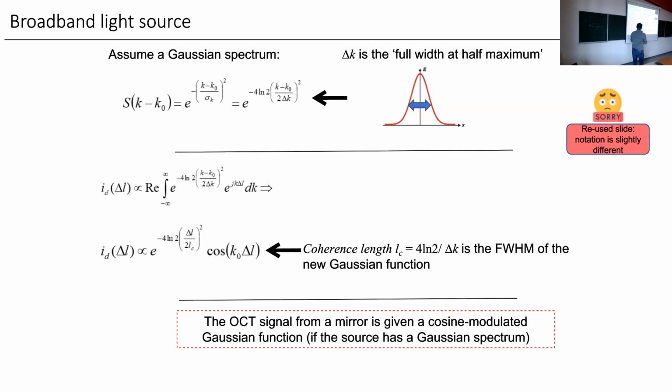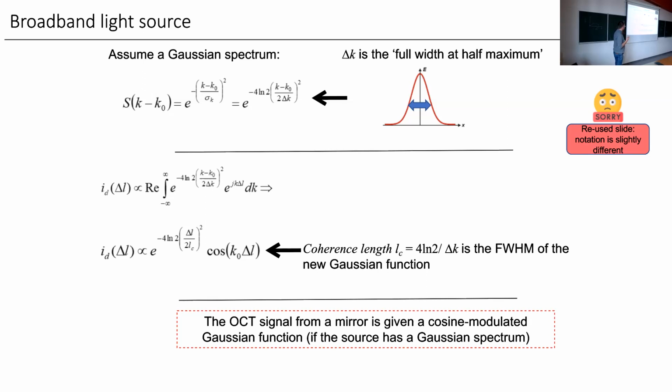I can rewrite this a little bit, not in terms of the width sigma, but in terms of the full width of the spectrum at half maximum. So this maximum, and the spectral width, the position of half maximum, would be delta k.